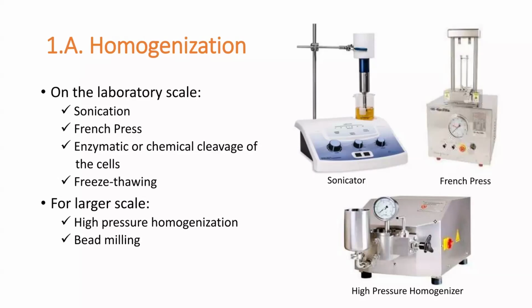But if you want to do it on a larger scale, you apply high pressure homogenization or bead milling. Sonication just uses sound energy to open up the membrane of the cell. The same applies to the French press: you are just trying to open up the membrane of the cell.